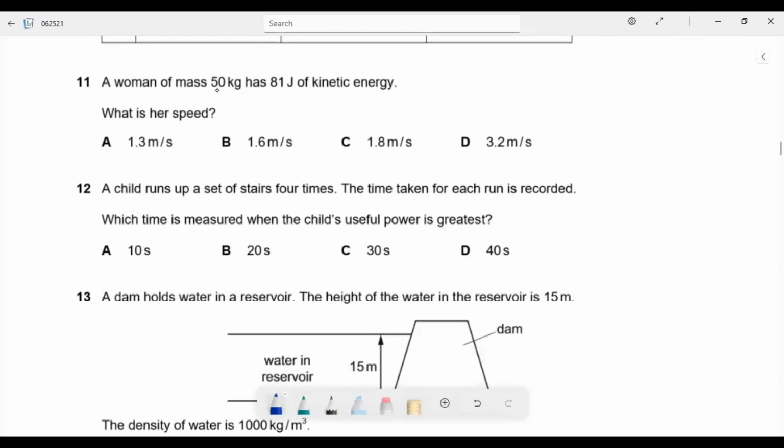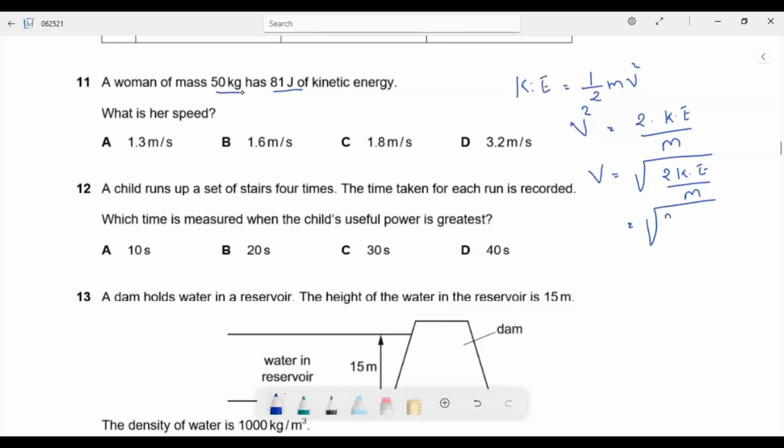A woman of mass 50 kg has 81 joules of kinetic energy. What is her speed? The equation for kinetic energy is half mv square. So v square can be written as 2 times kinetic energy by mass. So v is equal to square root of 2 times kinetic energy by mass.